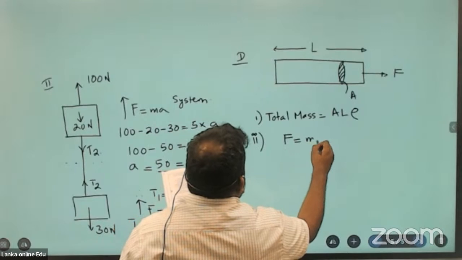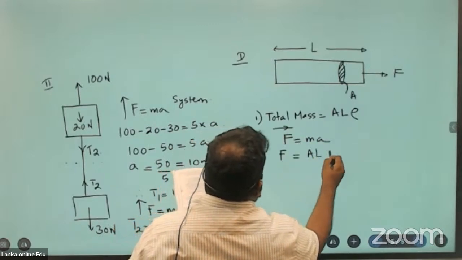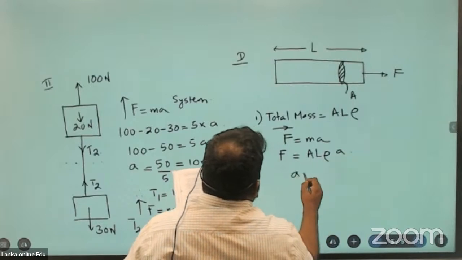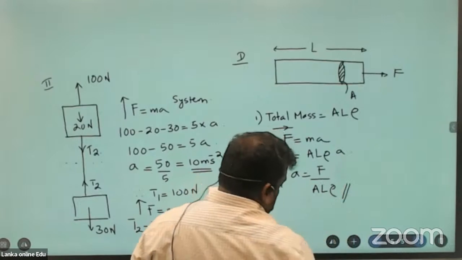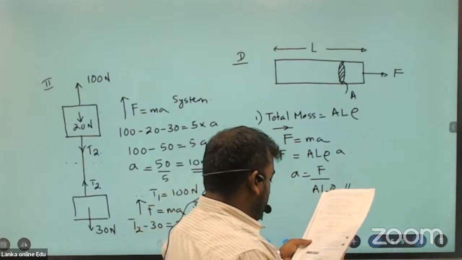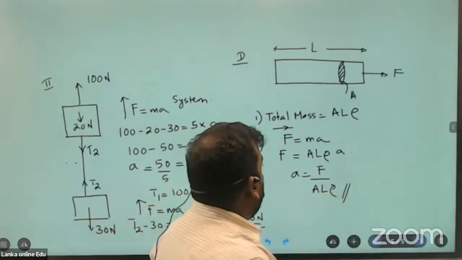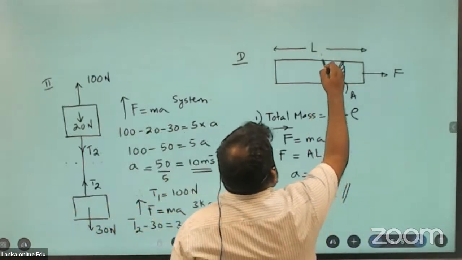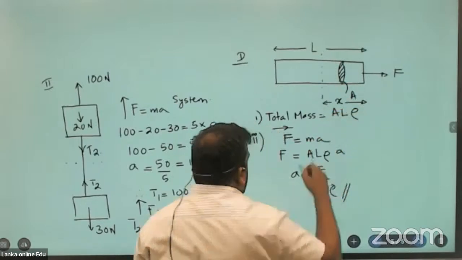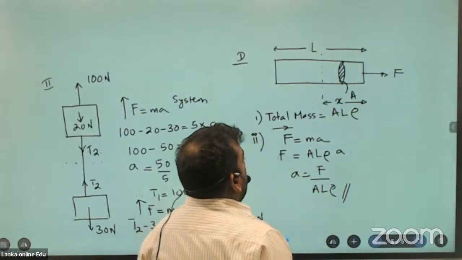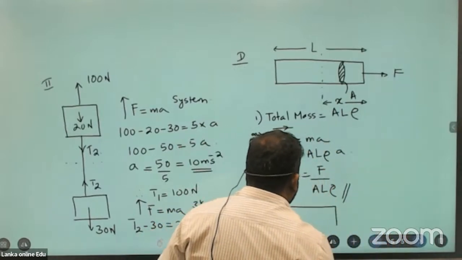What's the acceleration of the string? Apply F equal ma in the forward direction. Force equals mass, A L rho, into a. Acceleration is force over A L rho. Write an expression for the tension at a distance x from the end. Make a small imaginary cut. So it's 2 parts.